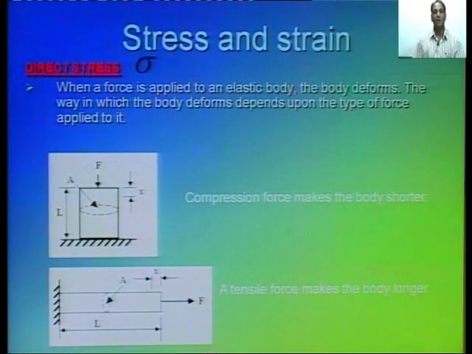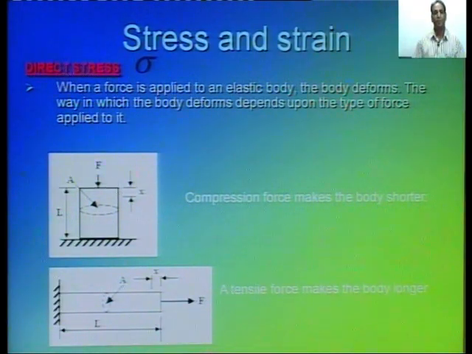First of all, I will introduce you to stress and strain. First is stress. Before defining stress, I will define the term elasticity. Elasticity means that when a number of forces act on a body, the body deforms.